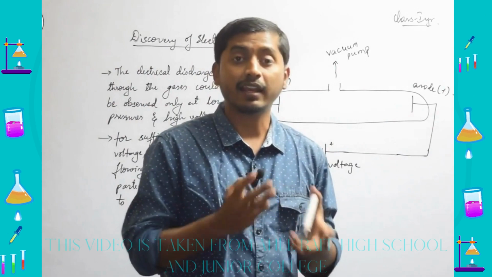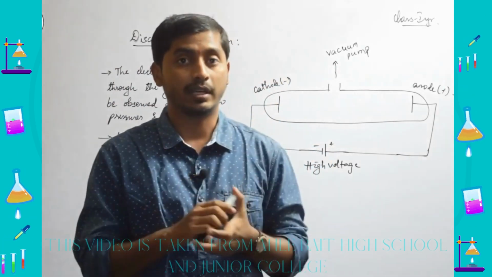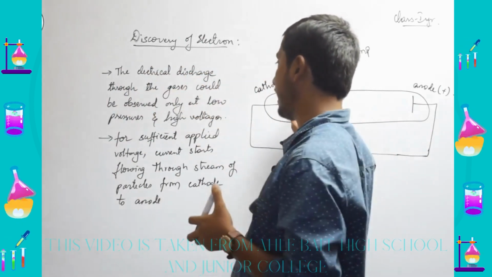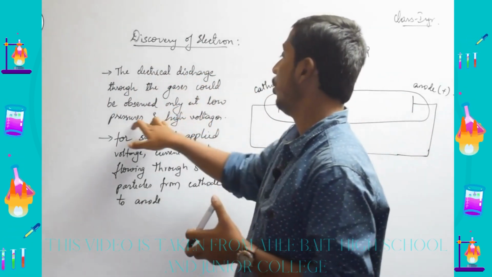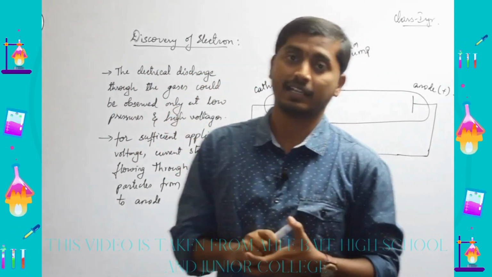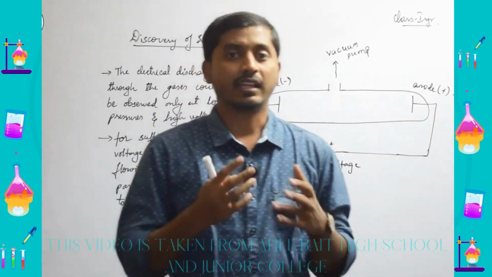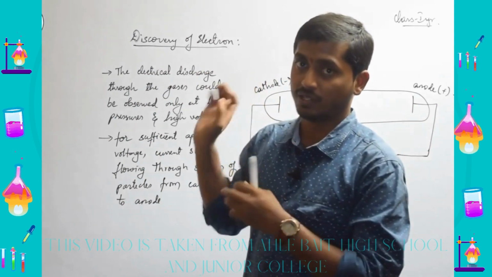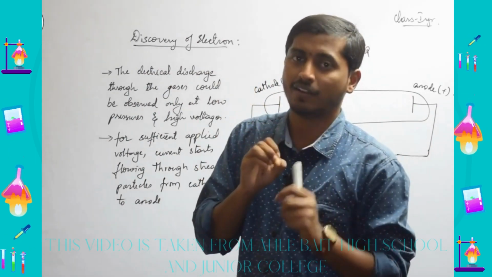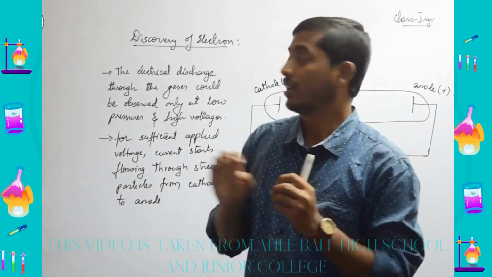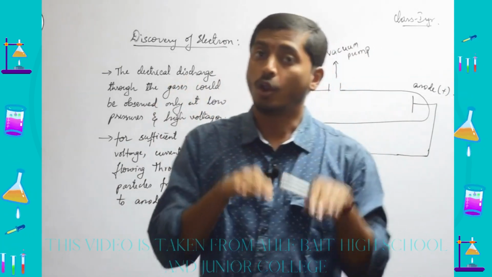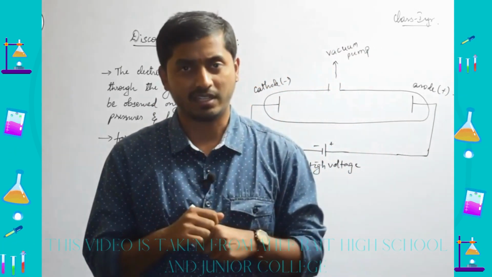What is that current? He concluded that electrical discharge through a gas can be observed only at low pressure and high voltages. The discharge tube, with very few particles, passes current only when it is maintained at low pressure and high voltage.